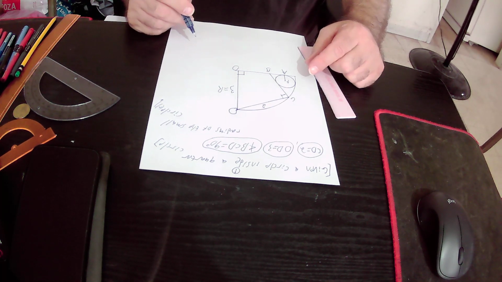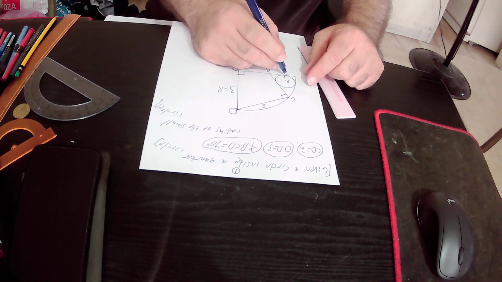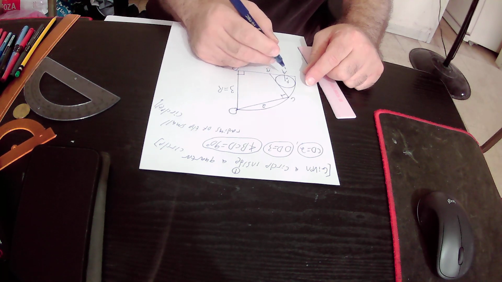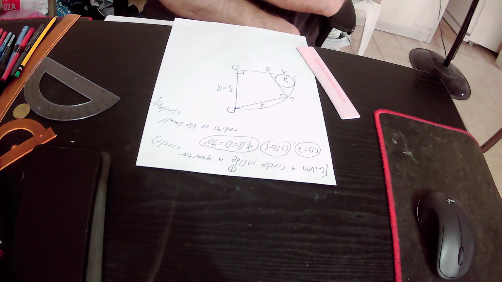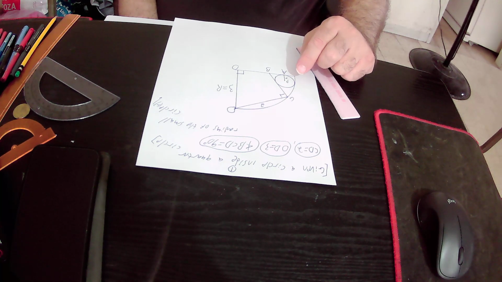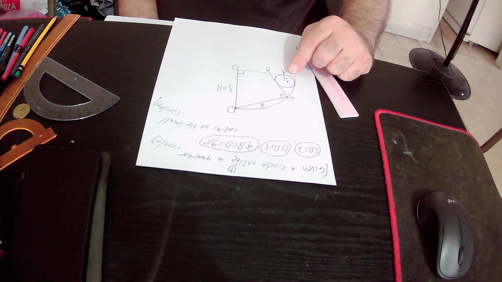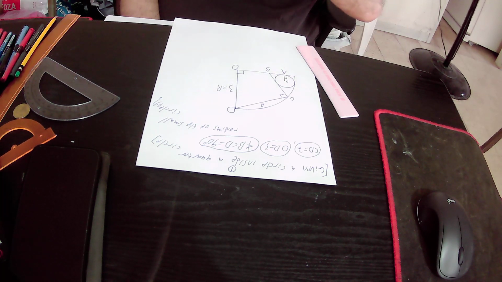Actually, AP is the radius of the small circle, so I will mark it as small r. AP is the radius of the small circle because line segment AP starts from the center of the circle and ends at point A, that is a point on the small circle itself. So AP is the radius of the small circle.